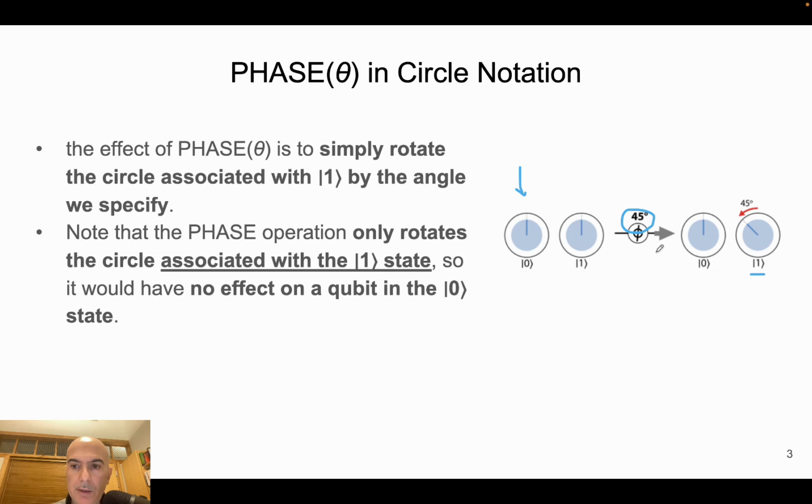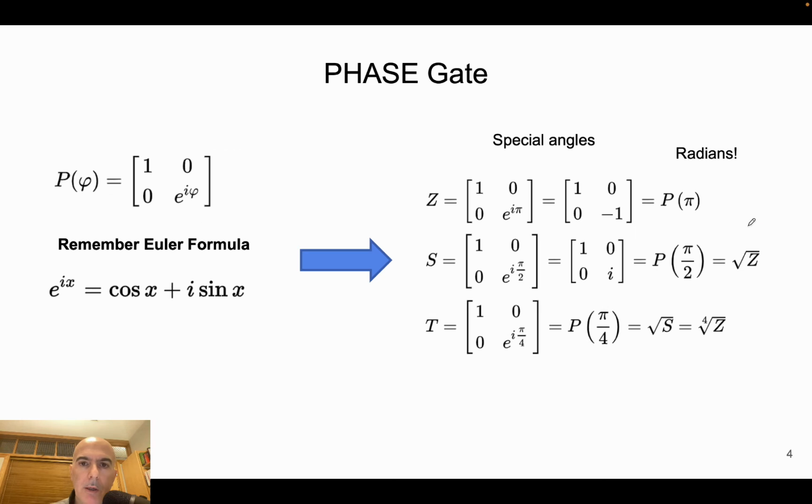This means that we apply a change of the phase only on the circle of state 1. So we operate a 45 degree rotation on the phase of the state 1. We note that the phase operation only rotates the circle associated with state 1.